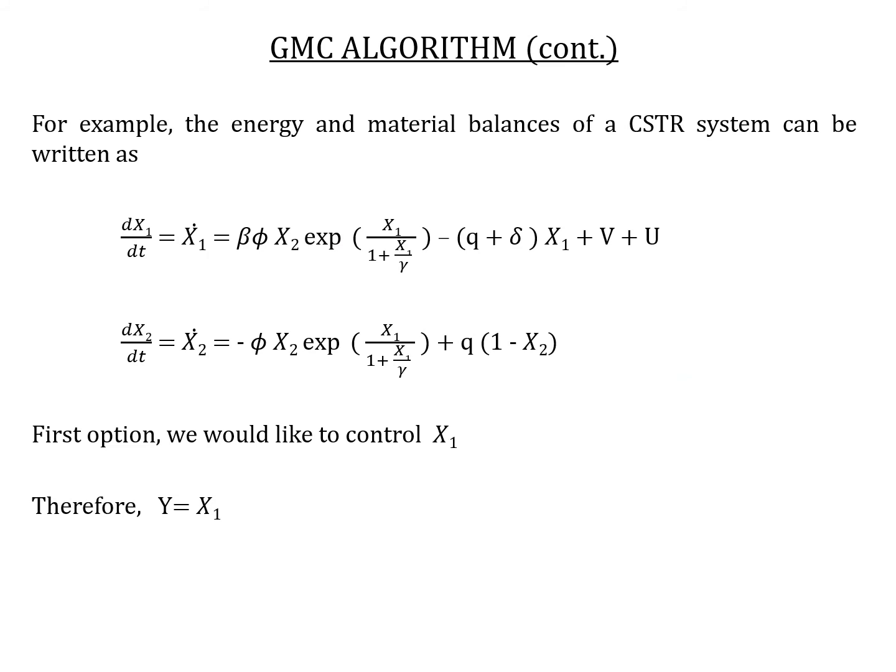So if we are going to take an example, a non-linear system, of course, that's the best example. Again, this can be used for linear systems as well. But if we take a non-linear system as an example, a CSTR is normally a good example, so we get these equations for mass and energy balance.